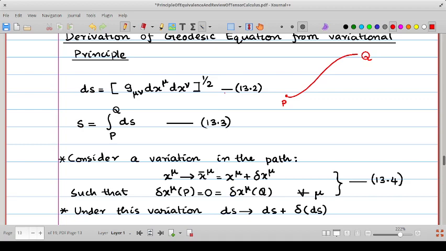It is this property that we are going to make use of in deriving the equation that represents the geodesic. So assume that we are on the geodesic, and then we consider an infinitesimally small variation of the path about the geodesic, with the initial point P and the final point Q fixed.